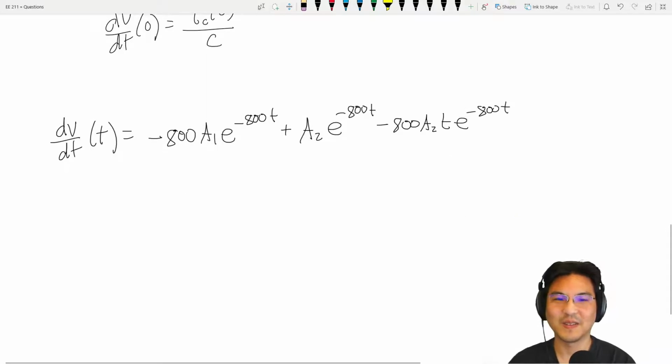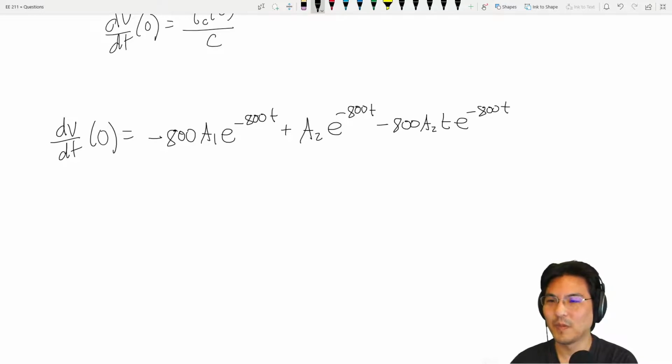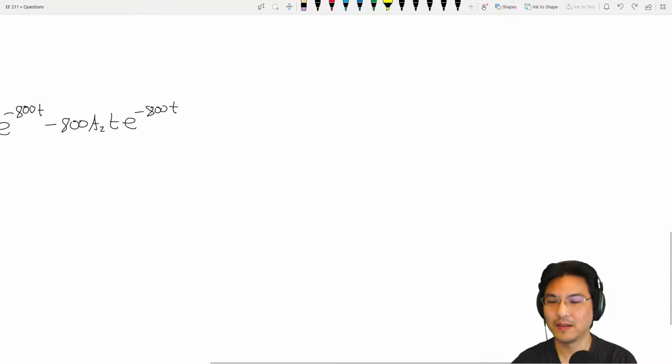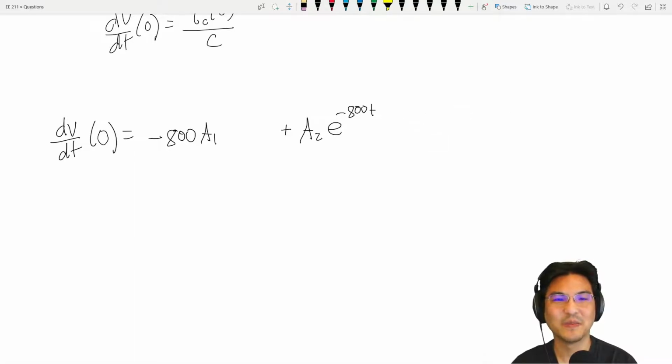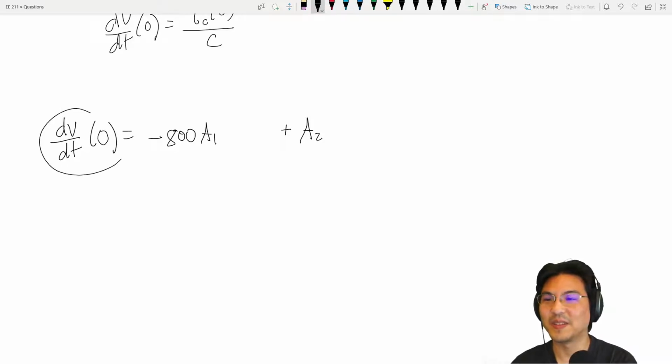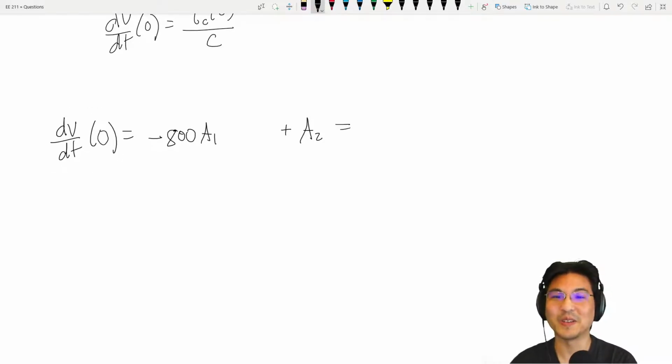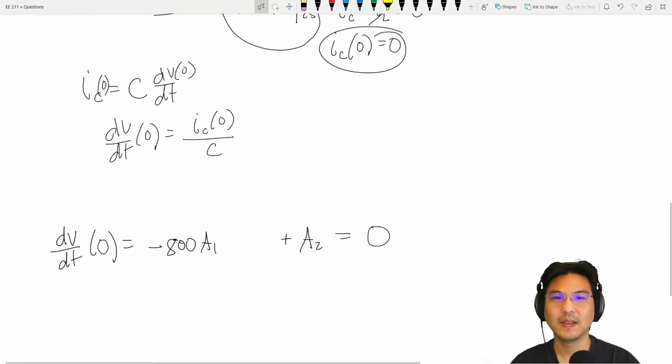Okay, so at t equal to 0, e to the 0 is 1, e to the 0 is 1, and then this is 0, so this whole thing becomes 0, and then dV/dt at t equal to 0 ended up being 0. Just happened to be. So there we go.